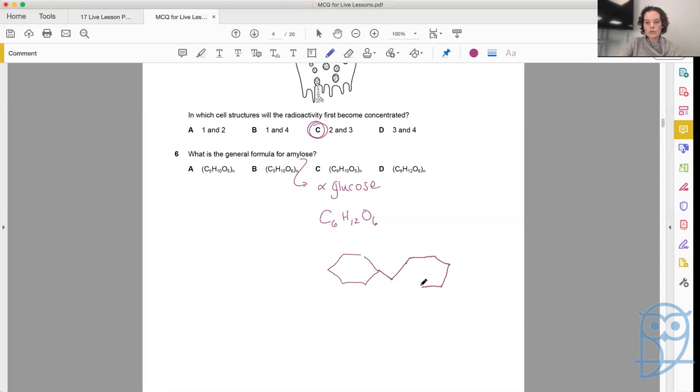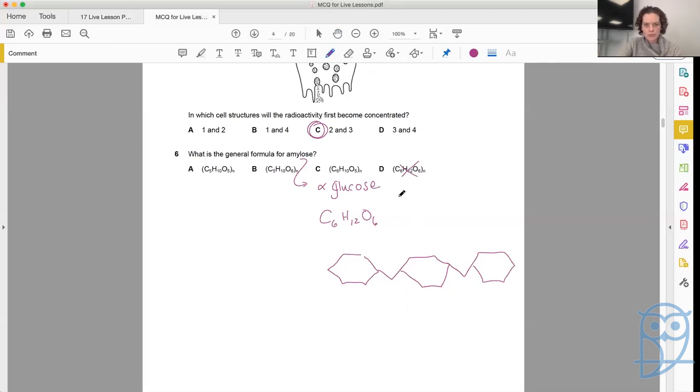So when we talk about the general formula for amylose, we are not just talking about lots of alpha glucoses as they are, because in order to make rings and join them together, we've got to make a plan to share electrons, in which case we need to remove atoms. So C6H12O6, these can't be joined together.